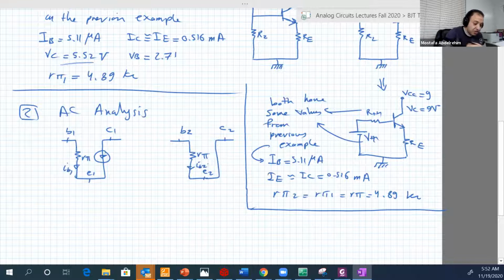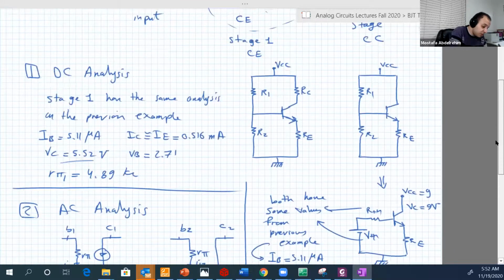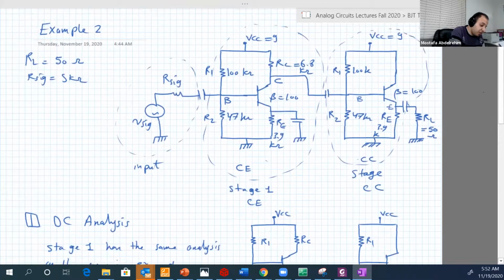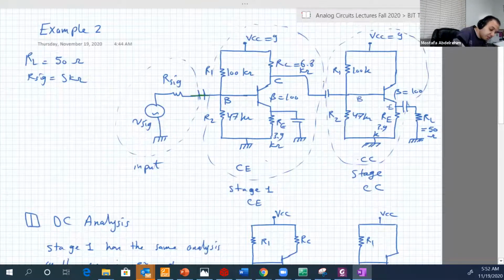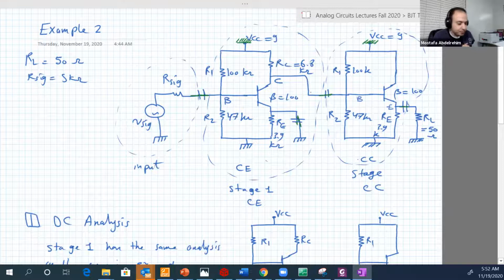Okay, let's continue the rest of the circuit. So, of course, in AC, the capacitors will be short. So, RE1 will be just removed, but RE2 will not be removed. RE2 will be still there and parallel with RL. This guy will be shorted, it will be grounded, the VCC, I mean, and we connect the two stages together now in AC.